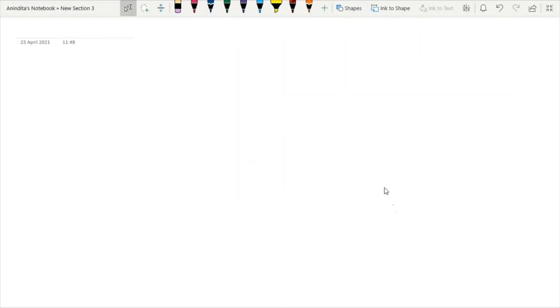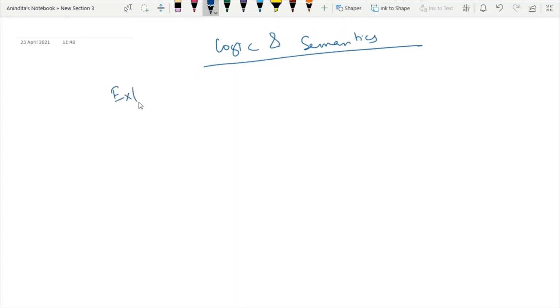Now we have to understand one more point. It is all about logic and semantics. Whenever in the external world two blocks are placed like this, one upon another, this is the external world.